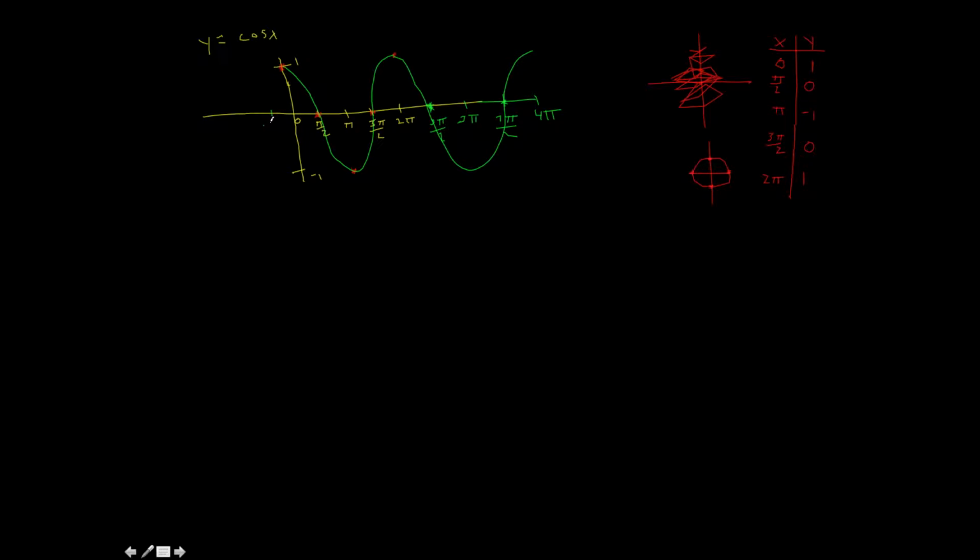If we went negative pi over 2, negative pi, negative 3 pi over 2, and negative 2 pi, we're still going to cross the axis at the pi over 2's. Our x-intercept here is still occurring at the pi over 2's.